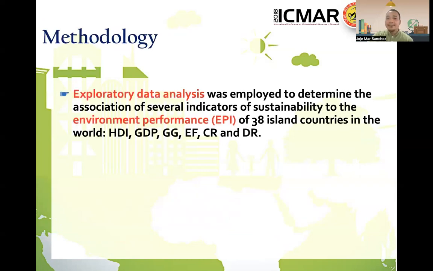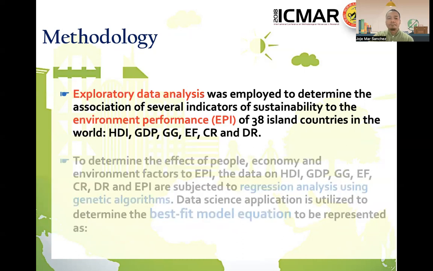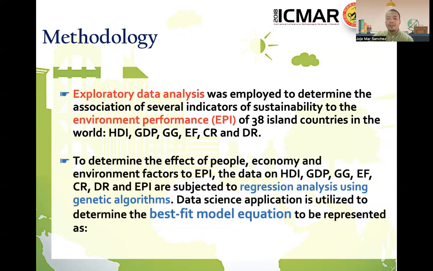And here is the methodology of the study. Exploratory data analysis was employed to determine the association of several indicators of sustainability to the Environmental Performance Index of 38 island countries in the world, namely the HDI, GDP, GG, EF, CR, and DR. To determine the effect of people, economy, and environmental factors to EPI, the data on HDI, GDP, GG, EF, CR, DR, and EPI are subjected to regression analysis using genetic algorithms.